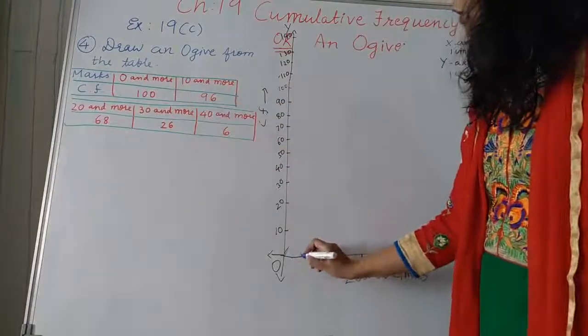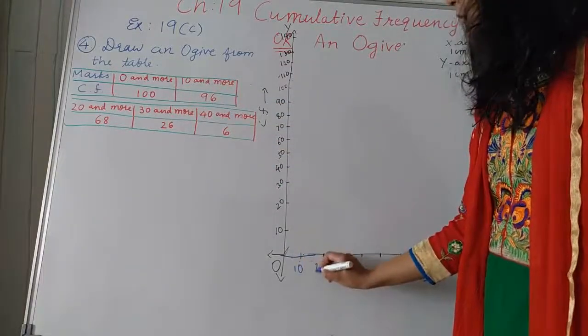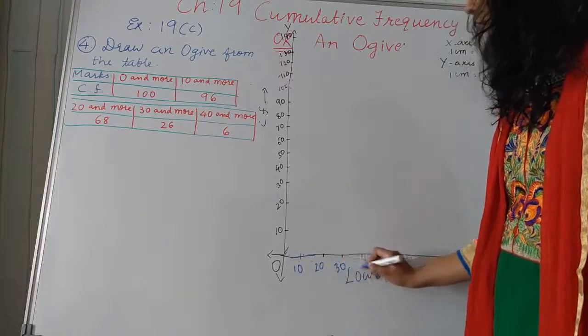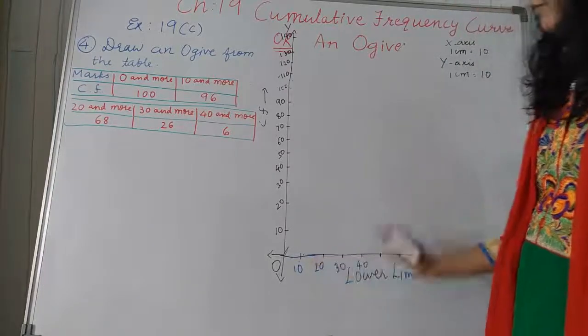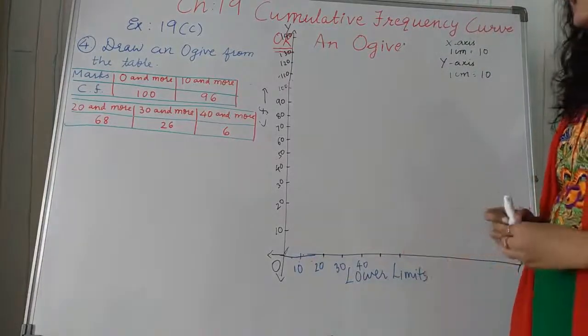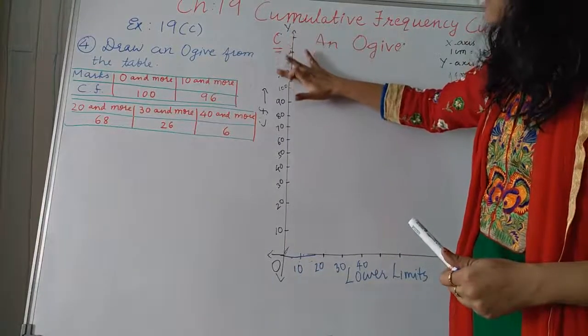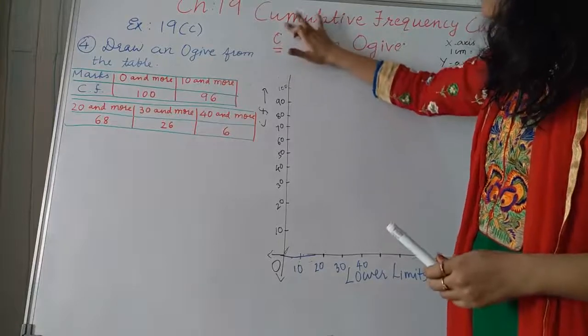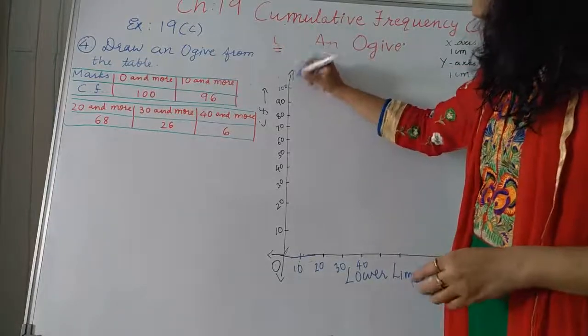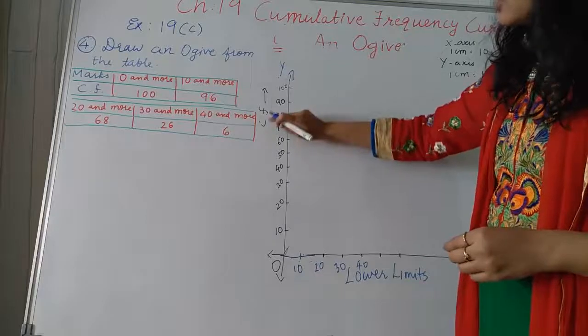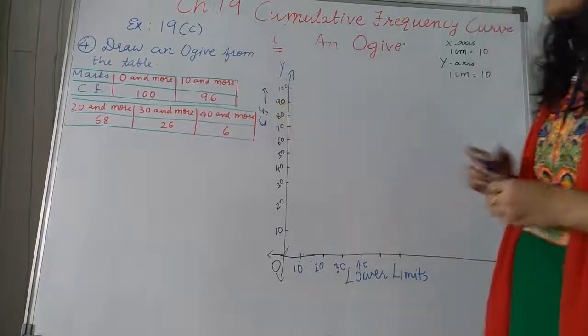So first is 0, then it is 10, 20, 30 and 40. So this much only we need for lower limits, and on the y-axis you can see up to 100. It is enough. So we can just write cumulative frequencies here up to 100.